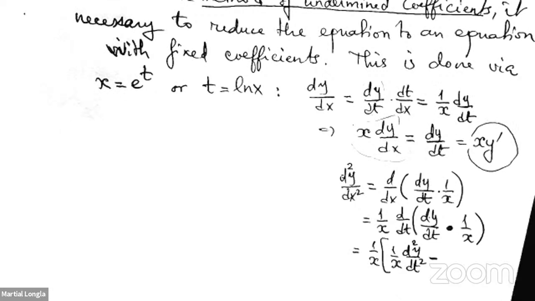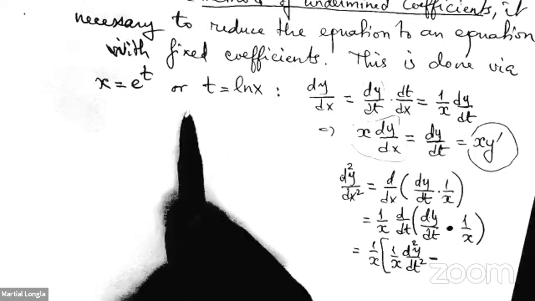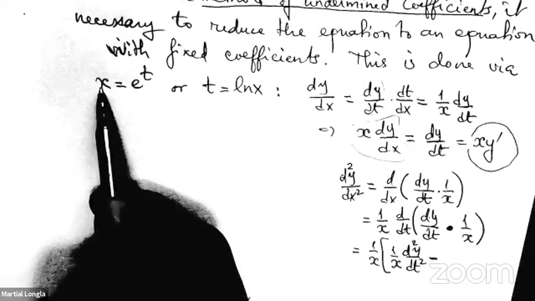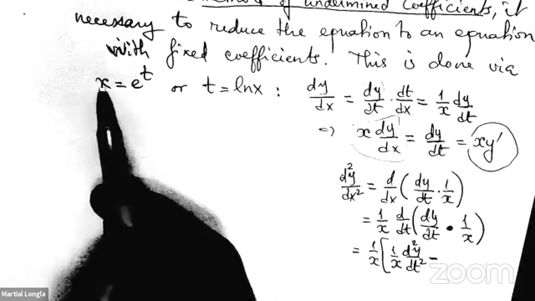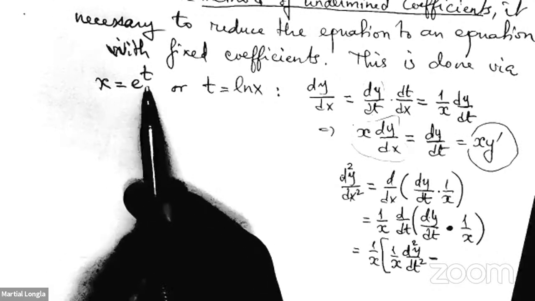What's the derivative of x with respect to t? Right here we got it. x equal e to the t. The derivative of x is e to the t, right? Which is x still.